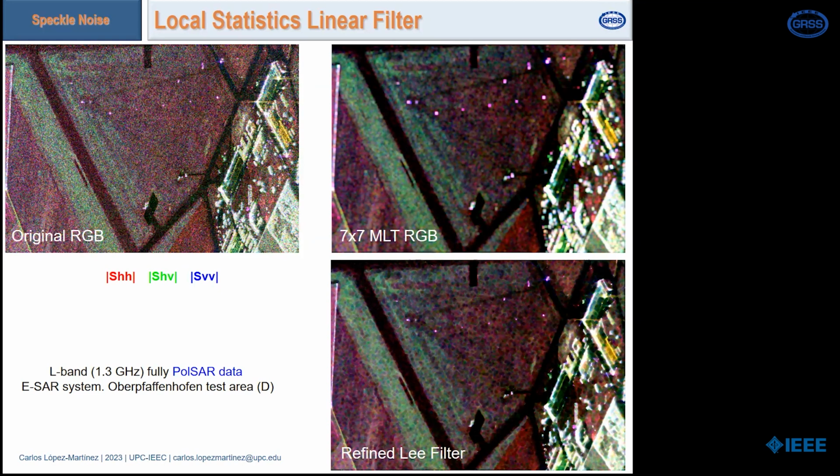Do you plot a histogram to check whether it is Gaussian, or do you just take one range window? No, all of them.